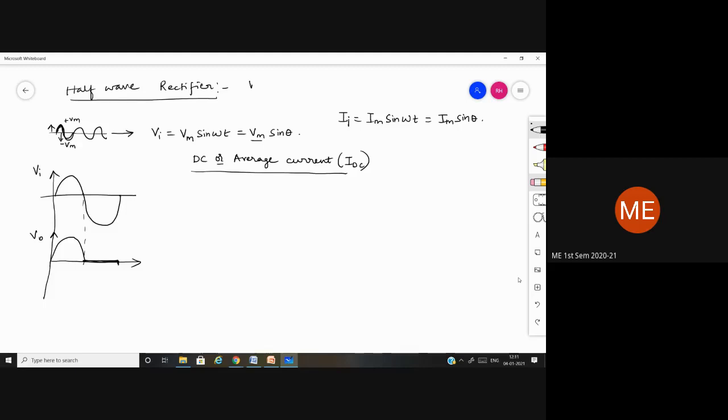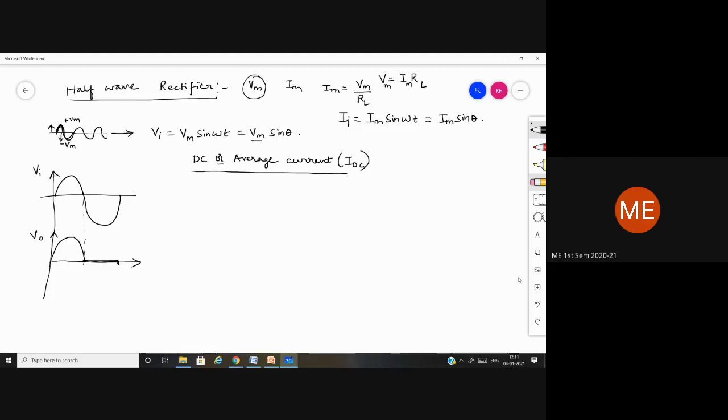Suppose I know the Vm value, but I want the Im value. In that case we take V is equal to I into R. V is Vm, I is Im, R is RL. So Im is equal to Vm by RL.